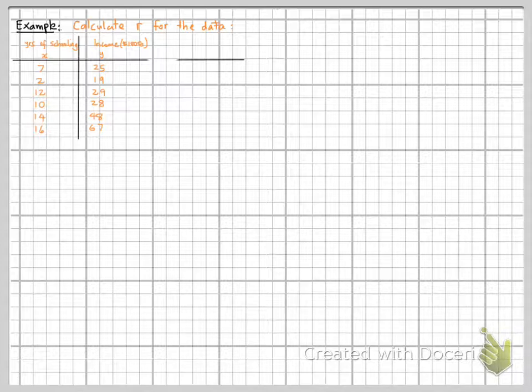And a person who had 2 years of schooling, maybe they're not educated, maybe they're earning 19,000 or maybe less, who knows, and so on. A person who went to school for 16 years, that's a person who had college, university, they're earning almost 70,000. Okay, so that's what we're thinking about here.